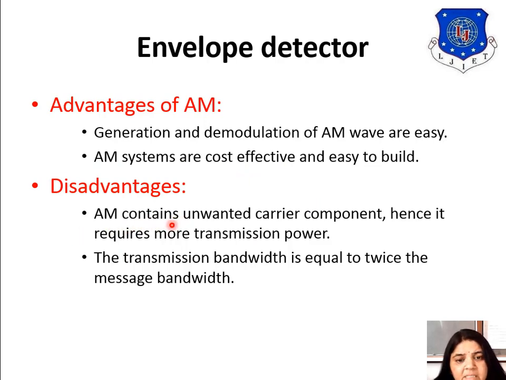Disadvantage: AM contains an unwanted carrier component, hence it requires more transmission power. Here we have also studied in the equation that the frequency spectrum of the AM wave consists of one carrier signal and two sidebands. As you have seen, with more than one modulating signal, the number of sidebands also increases. So when you are transmitting the information using AM, you are transmitting all the components.